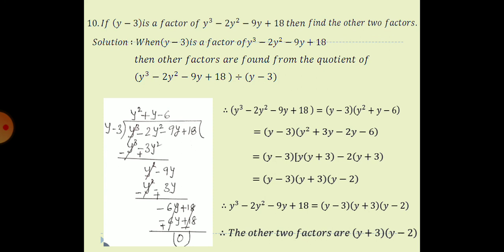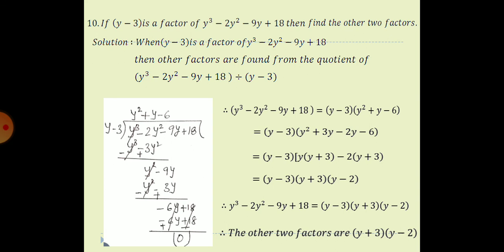Now what are the factors of minus 6 whose difference is 1? That is 3 and 2, plus 3 and minus 2. Like this we get the other two factors as y plus 3 and y minus 2. So the question is, one factor is given to you, and the other two factors you must find.